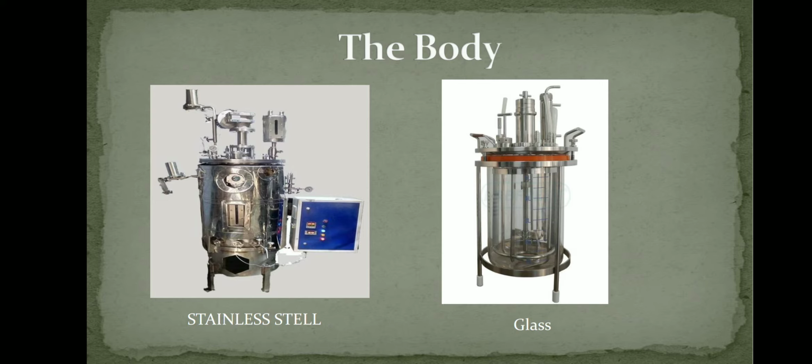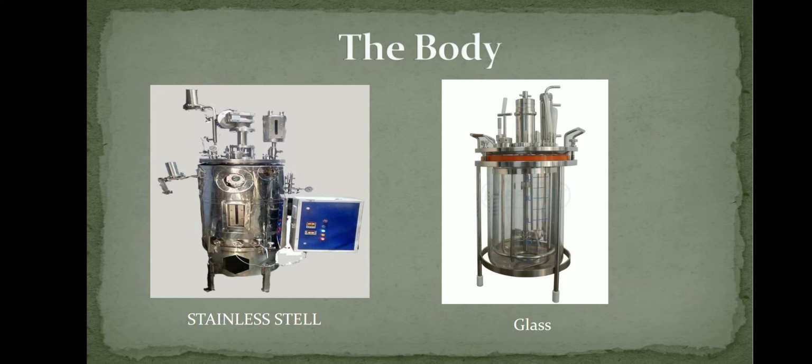The material should not be toxic to the microorganism or to human beings, and it has to be corrosion resistant. Therefore we use either stainless steel or glass for constructing the main body of a fermenter. Usually stainless steel is corrosion resistant and will withstand repeated sterilization and cleaning processes.